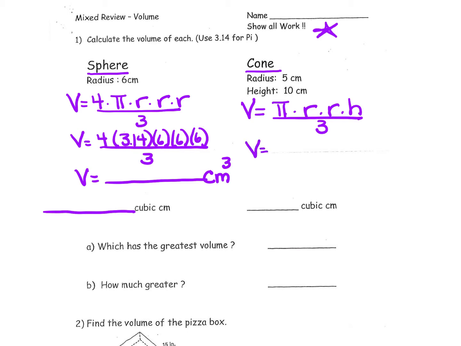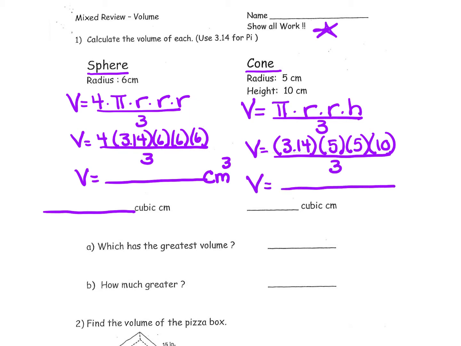Well, we know pi is 3.14, and the radius is 5 times 5 times a height of 10. And we're going to divide this entire quantity by 3. In a moment, you are going to pick up your calculator and multiply so we can get the volume of our cone. You can also write that final answer here on the line.